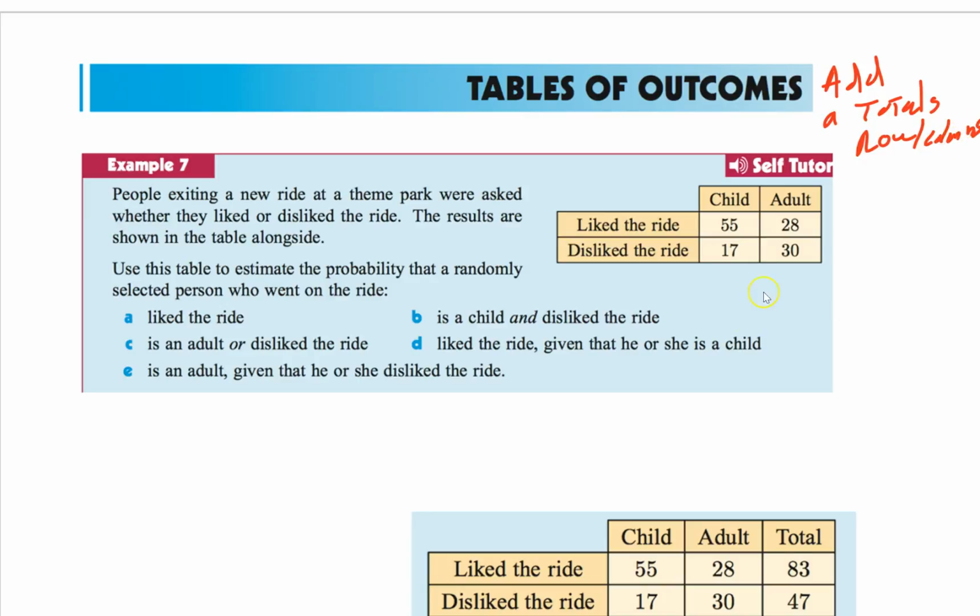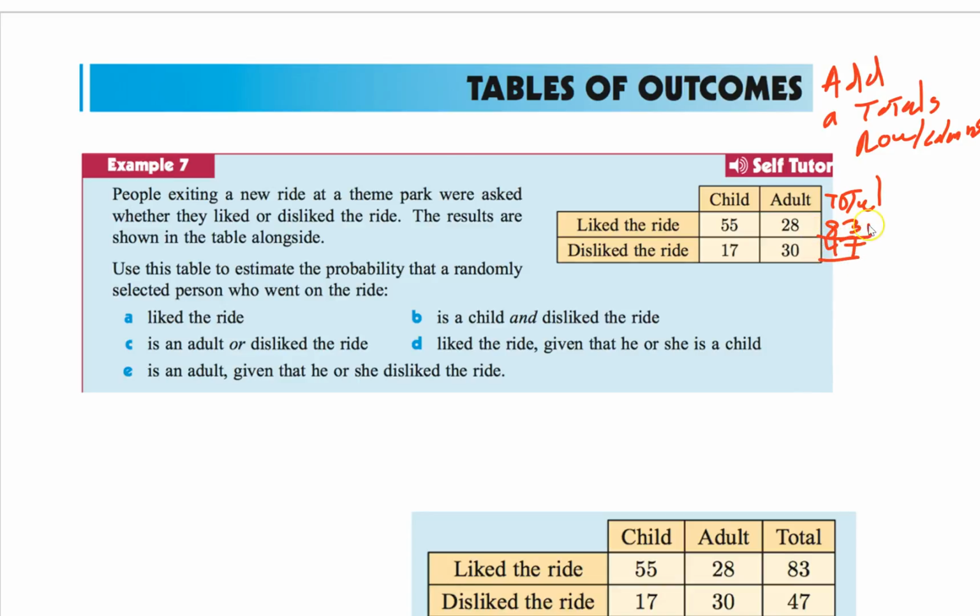It's so essential. You see how you have child, adult. That's great, but what you're really going to need is total. So I add a little total right here. Add these up, 55 plus 30, so I get 83. Then here, 17 plus 30, so I get 47.